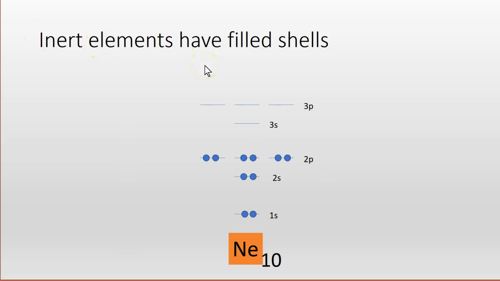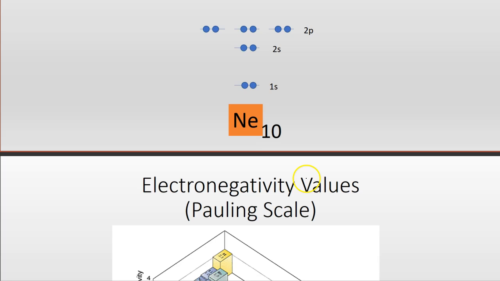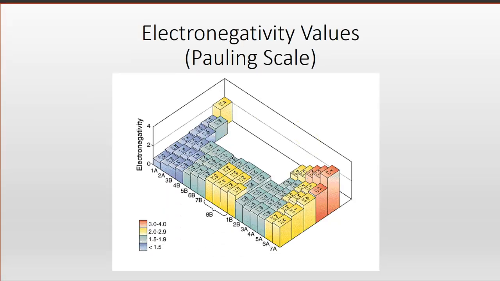Inert elements, or noble gases, have completely filled subshells, and so what this means is that it is difficult for them to bond with other atoms. The electronegativity values on the Pauling scale are shown in this diagram. We can see fluorine being the most electronegative. At the other end of the scale, we have low electronegativity numbers by elements in the first group.